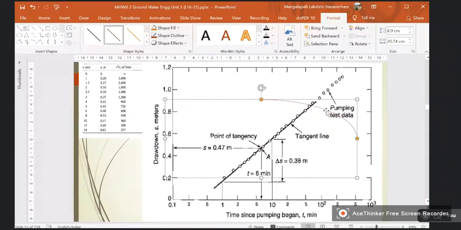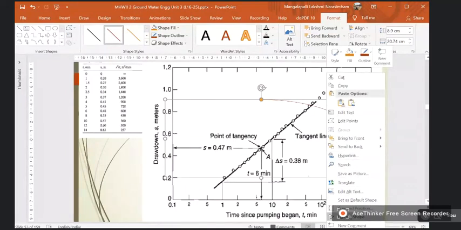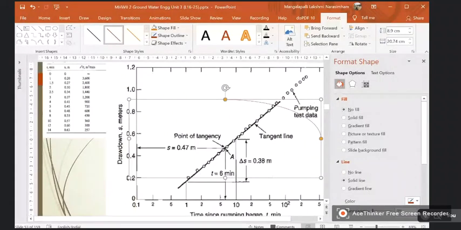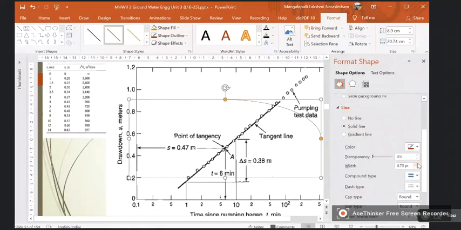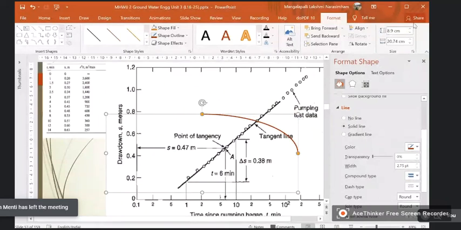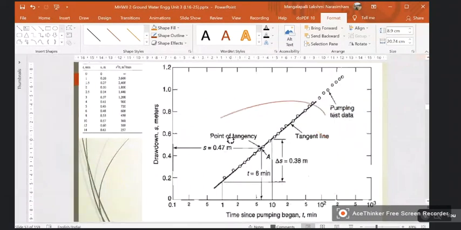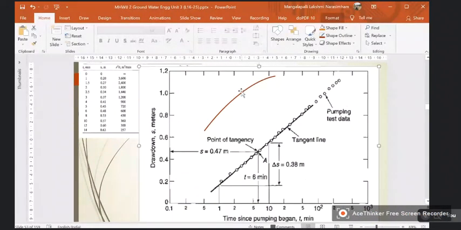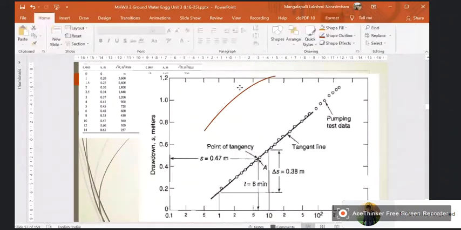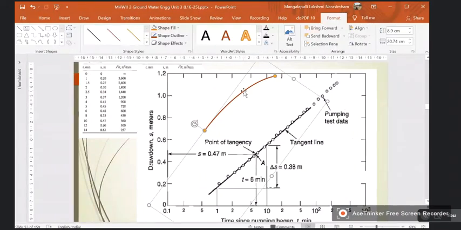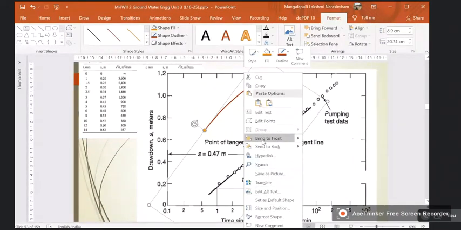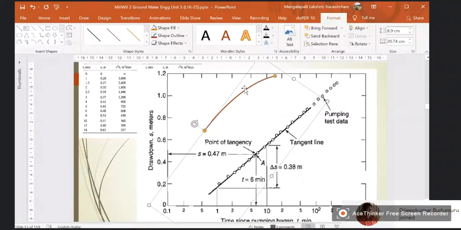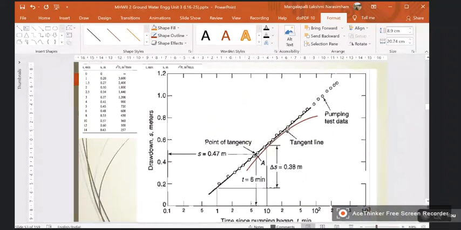Say, for example, this is your curve. Need not be these points which I have shown with circles.